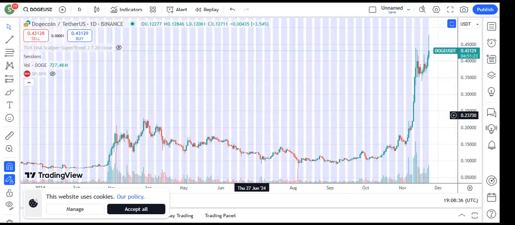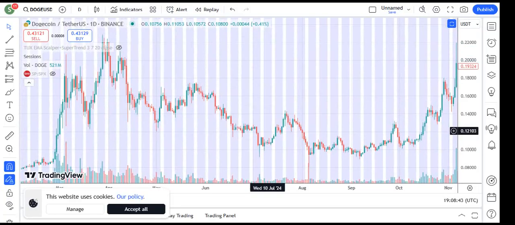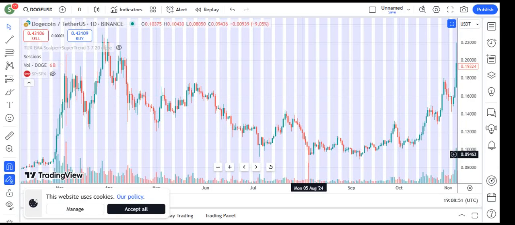Good. So if we look at these charts very closely, you can see some red and green candles. Don't forget that the reds are the sellers selling the market downwards, and the green are the buyers buying the market upwards.